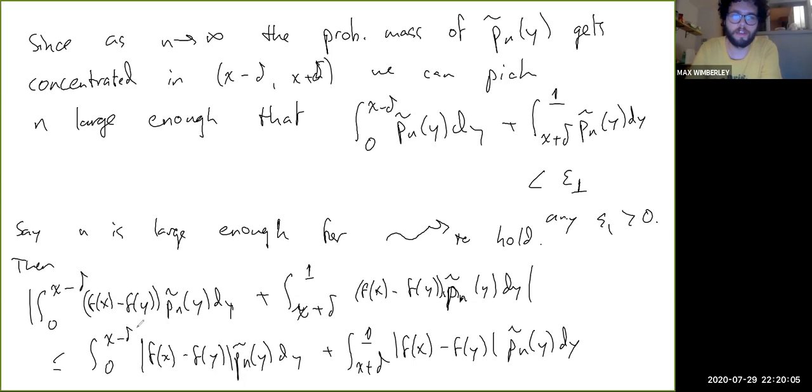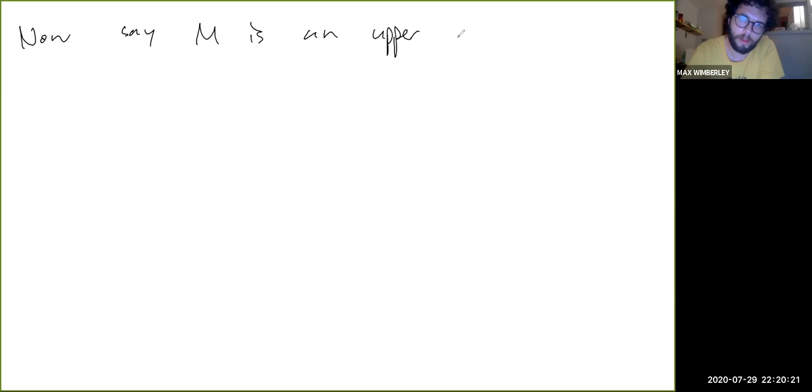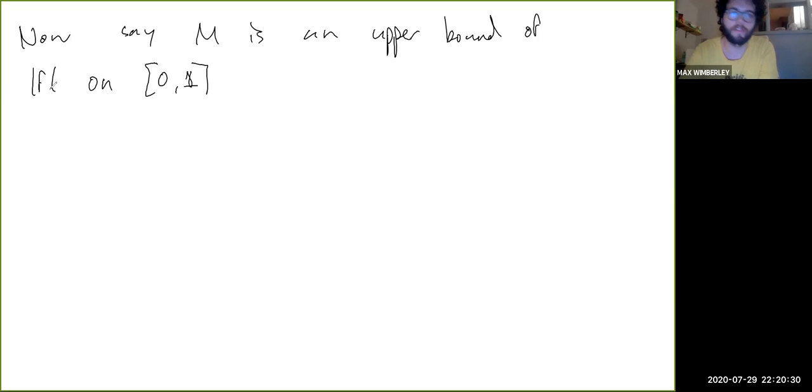And so we can't force f(x) minus f(y) to be small. That's what I'm saying. But what we can do is bound it above by a constant, right? So say M is an upper bound of the absolute value of f on [0, 1]. This has to exist because f is continuous.